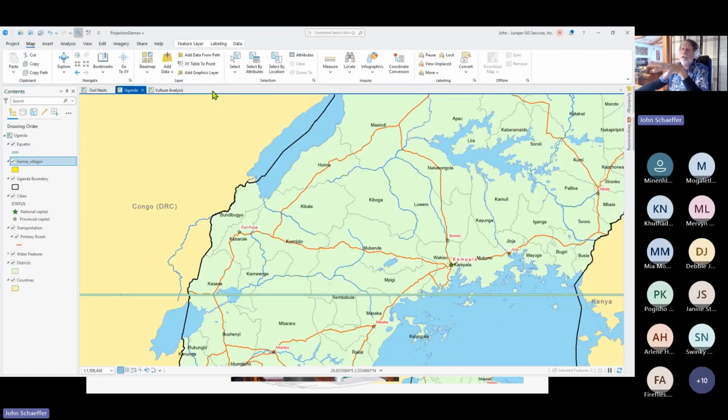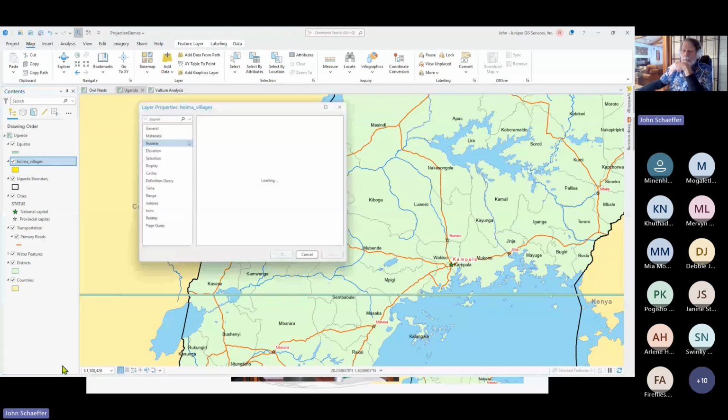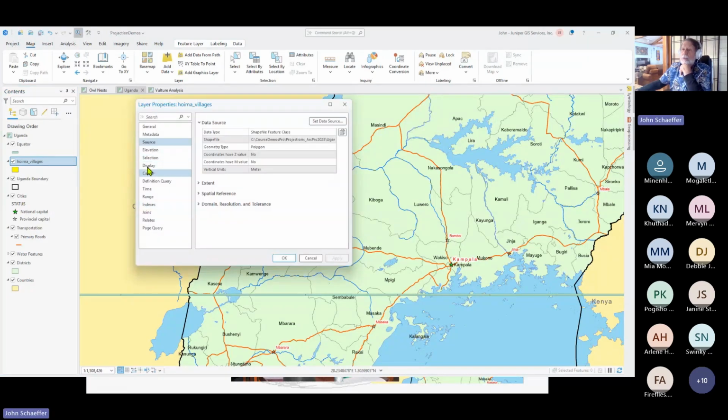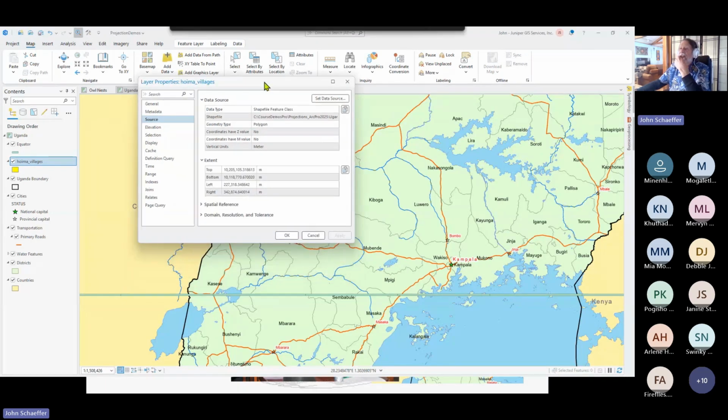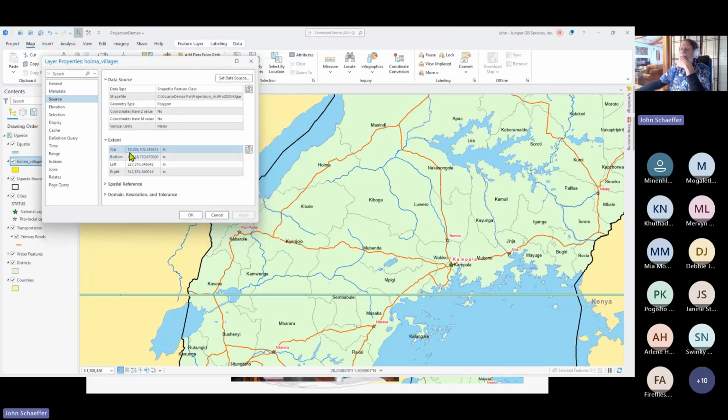So let's go back to our Uganda map. Let's go to Hoima Villages, go to Properties, Source, Extent, and just look at the extent of the data. The top says 10 million 205,000, and so on.